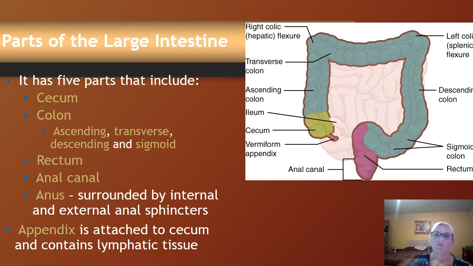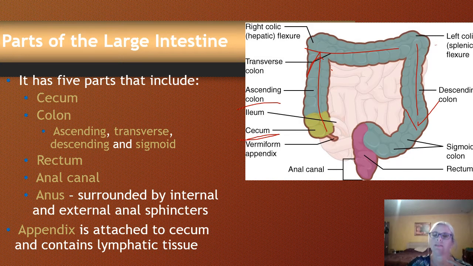The first one is the cecum. We also then have the colon, and we have the ascending colon, transverse colon, descending colon. And then we have the kind of S-shaped sigmoid colon.